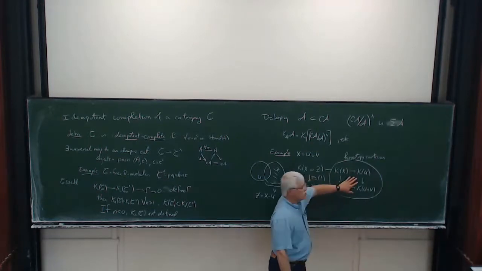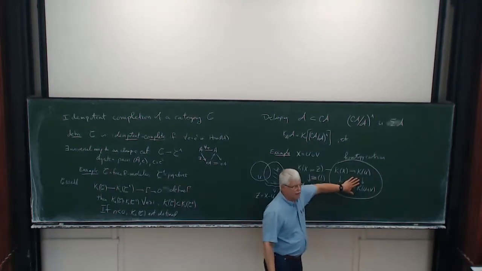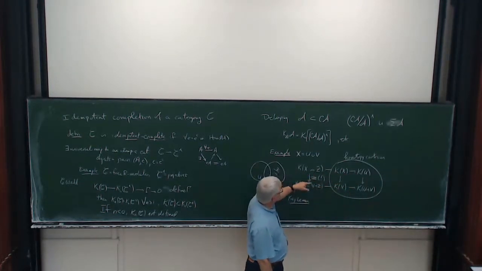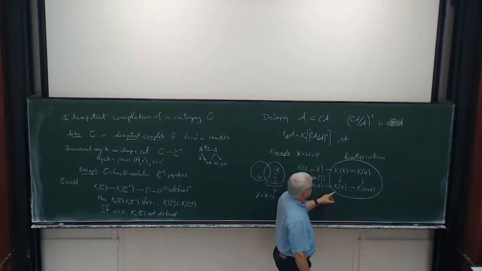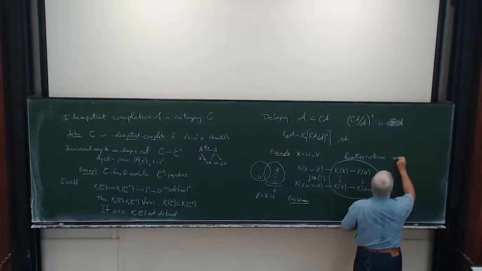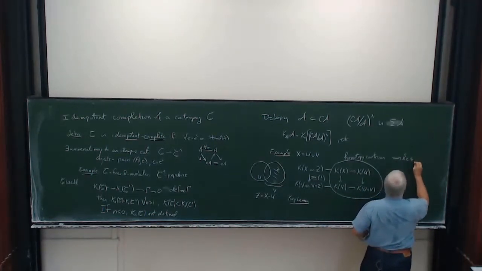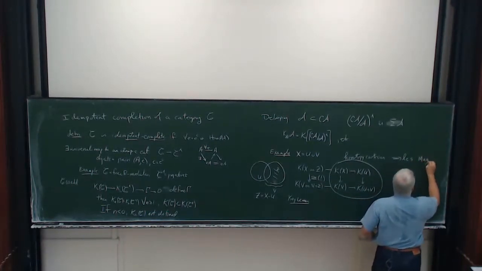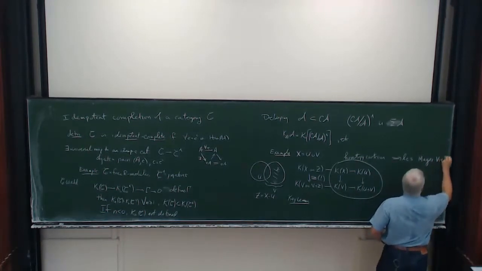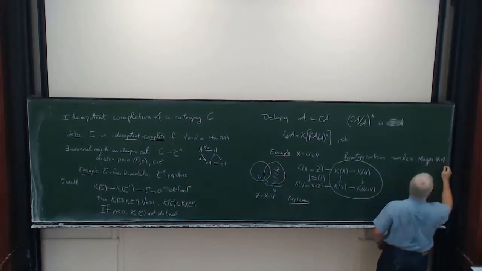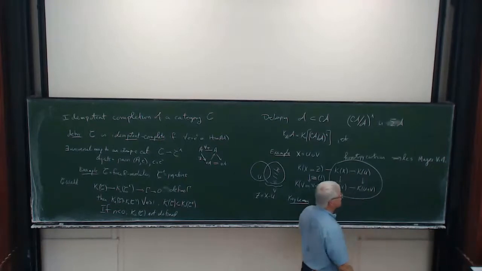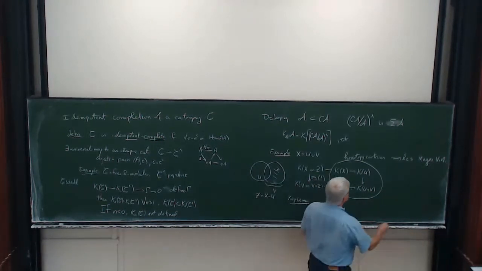Because to say that a square is homotopy Cartesian, one way of saying it is to say that if you take the horizontal fibers, they're homotopy equivalent. So what this means is you get a long exact sequence of the Mayer-Vietoris type.